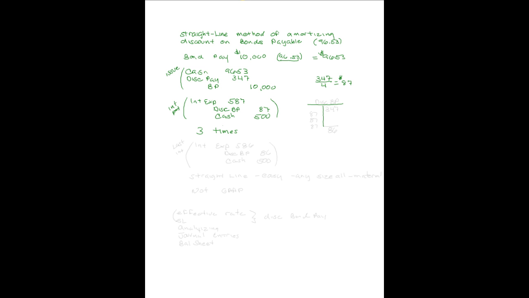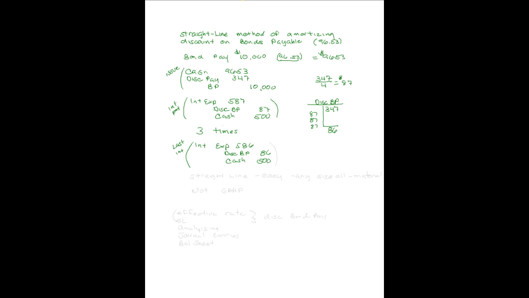So where would we be in our discount on bonds payable at this point in time? Start at 347, take out 87 3 times, and where would you be? Be left with $86 in there, and so the last interest payment would take care of that, and it would be interest expense, cash, and discount on bonds payable, taking it to 0. Take the 86 out of there, pay our cash of $500, and interest is $586.